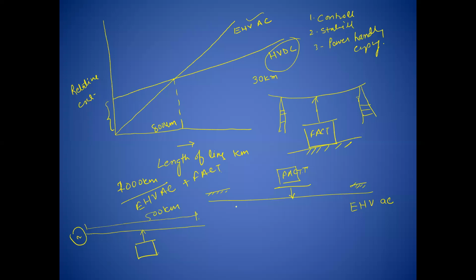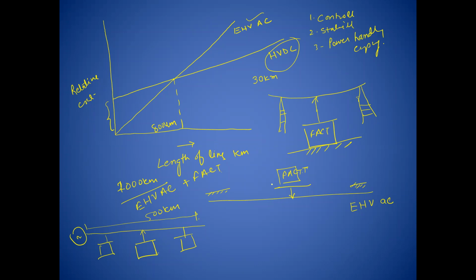Whereas if you are using underground cable for the EHV AC system, definitely we have to use a larger number of FACTS controllers in the entire transmission line, because there is a limitation of the underground cable, since it carries the charging current, isn't it? So this is the difference between the submarine cable and the underground transmission system.